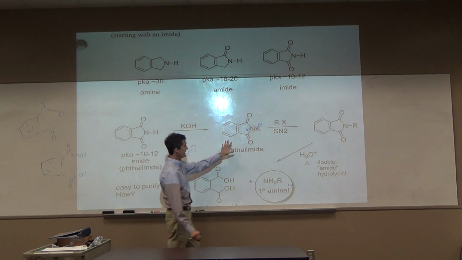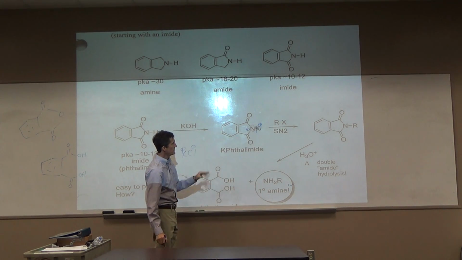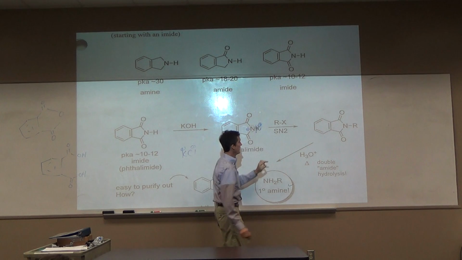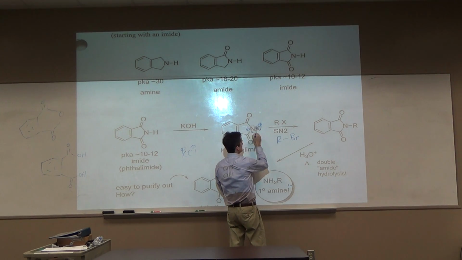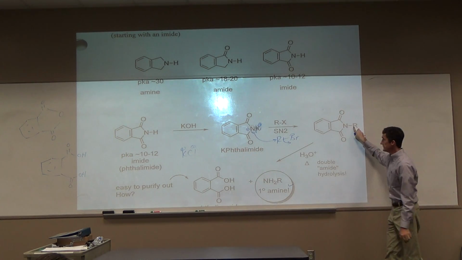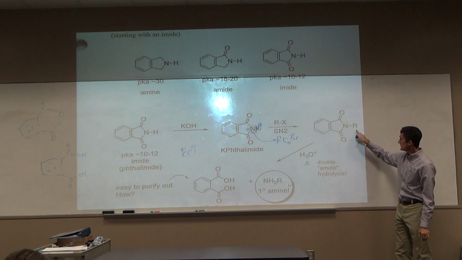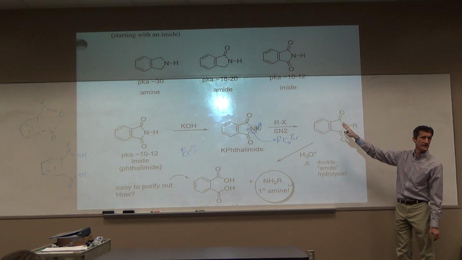But this nitrogen anion, let's forget about the spectator ion, can be reactive in an SN2. And so we can have something with a leaving group, and this can attack and do an SN2, and we can alkylate the phthalimide nitrogen. Pretty standard chemistry. We could have done that in organic 1.